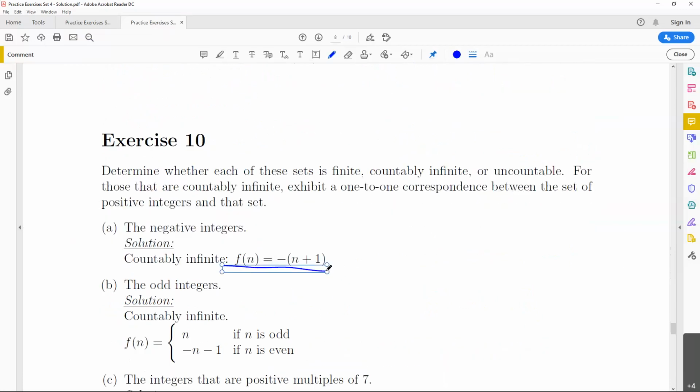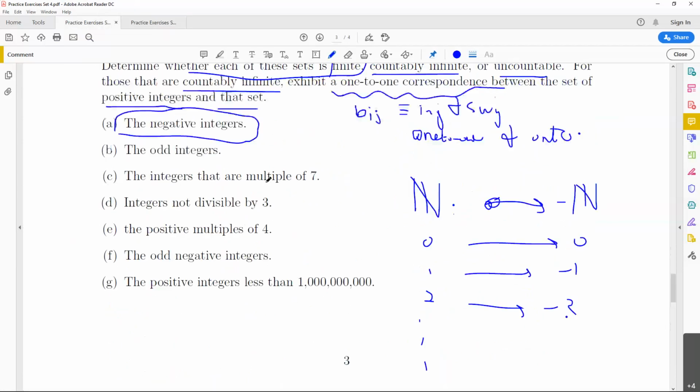That's what they did, but they added a 1 here. So I'm guessing they assume 0 does not belong to the negative integers. So that's fine. It's kind of like 0 goes to minus 1, 1 goes to minus 2, and so on. Either way is okay, because usually 0, is it negative, is it positive? It's under a lot of discussion.